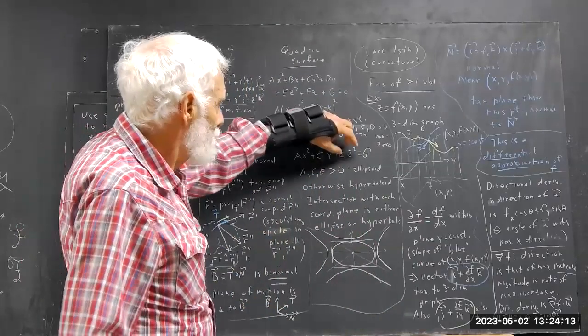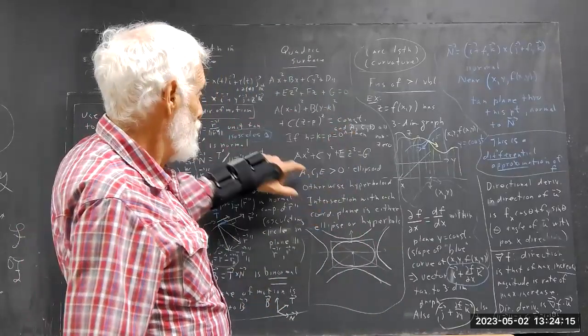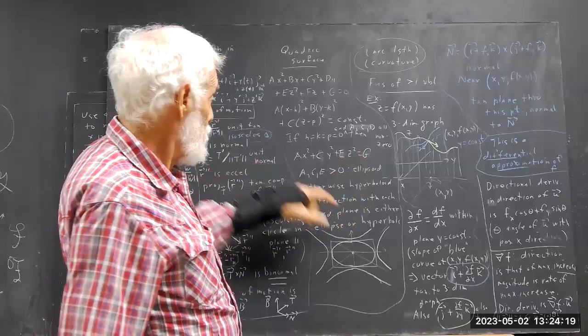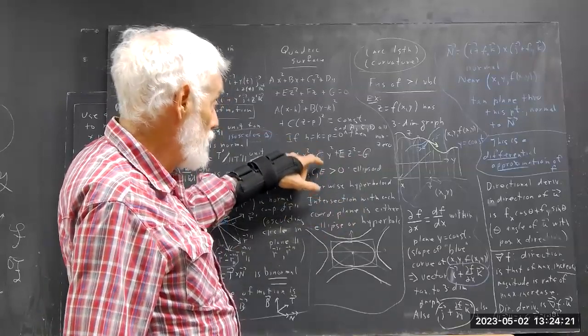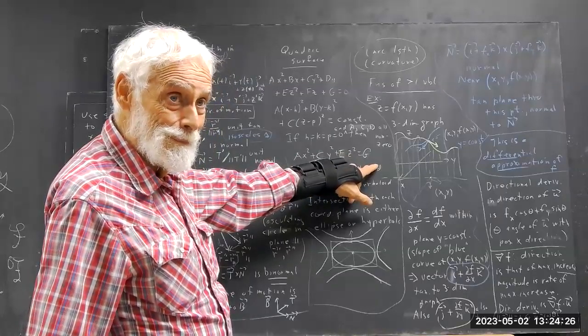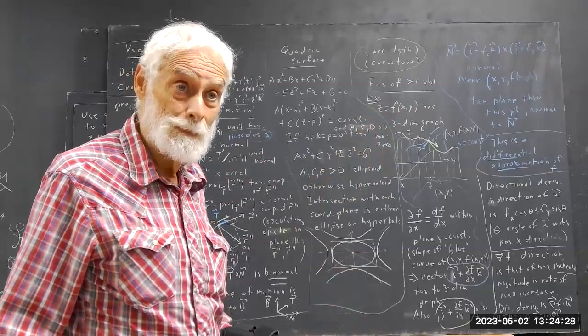So if Z is zero, we get AX squared plus CY squared equal to G, so that A over G X squared plus C over G Y squared equals 1. And now you're pretty much in the form of the ellipse, okay?